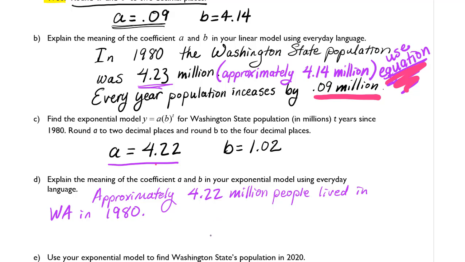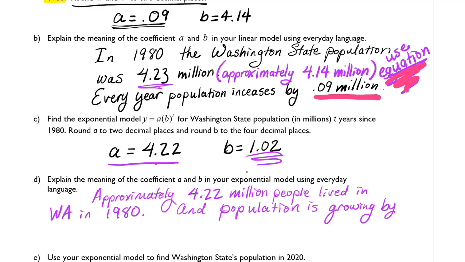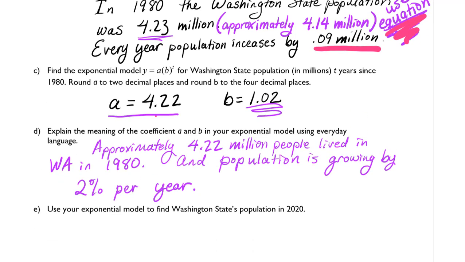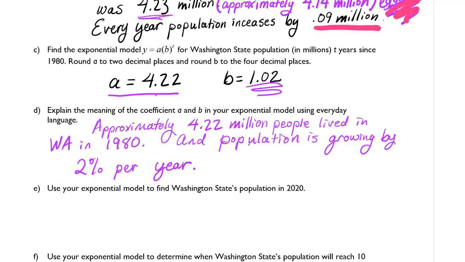And the population is growing by this value here, or 2% per year. So notice that I used the equation to define the statement.